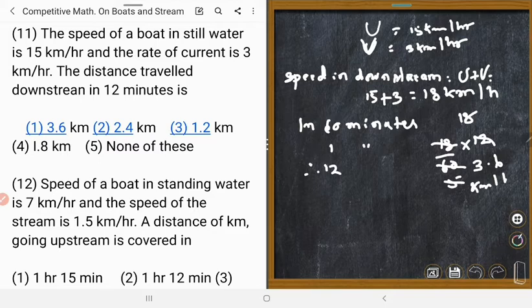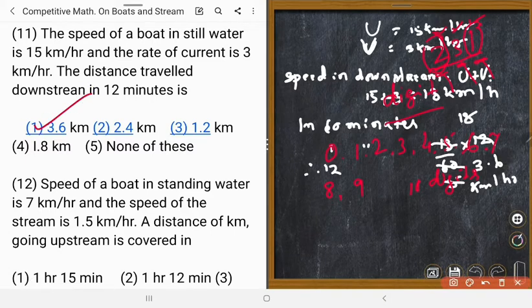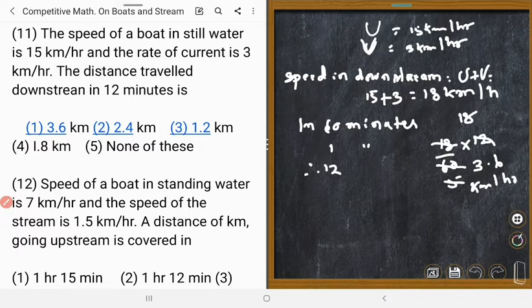Which is the right answer? Number 1 is the right answer. Could you understand? What did I say? Number 1 is the right answer.